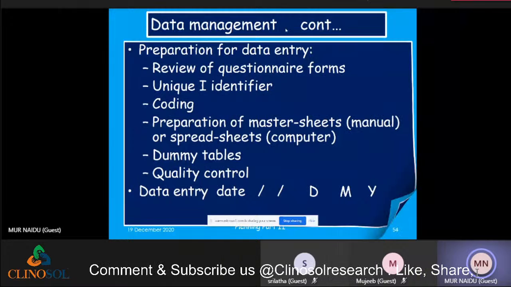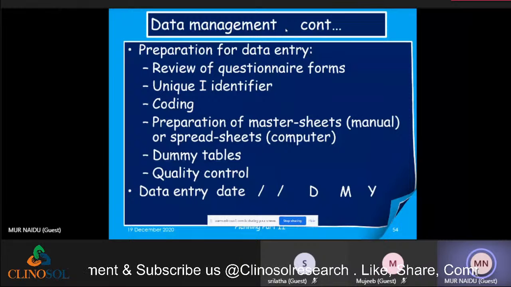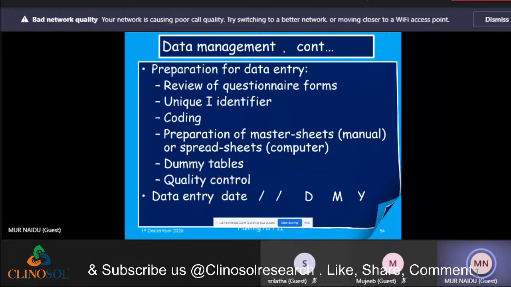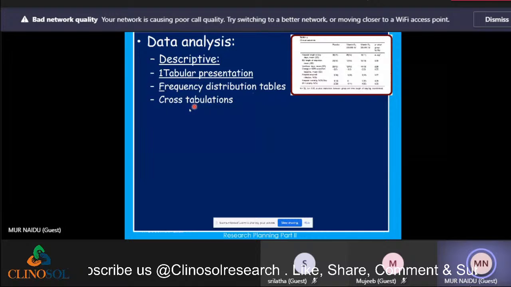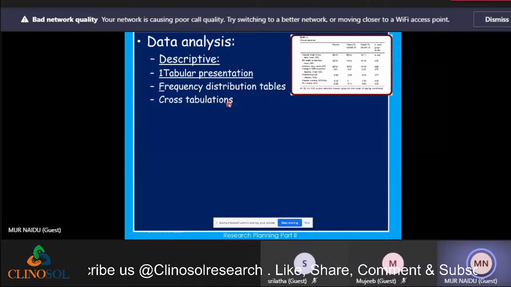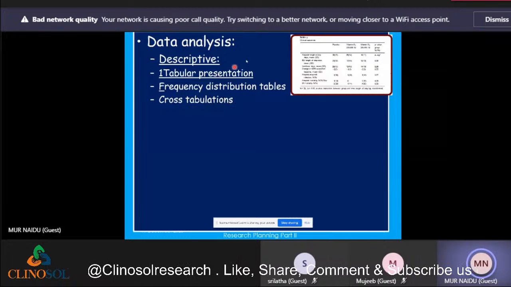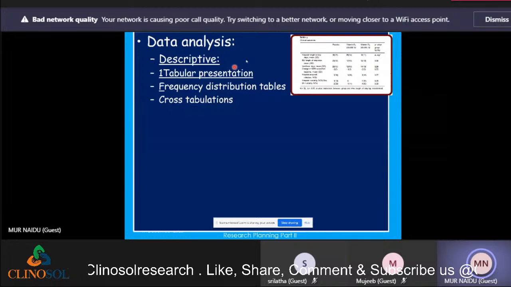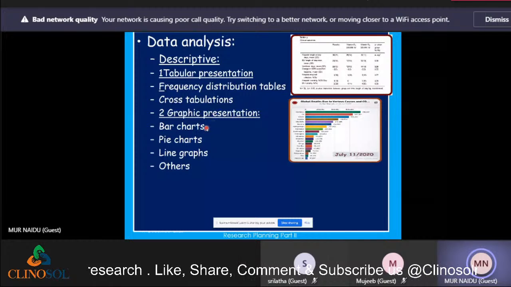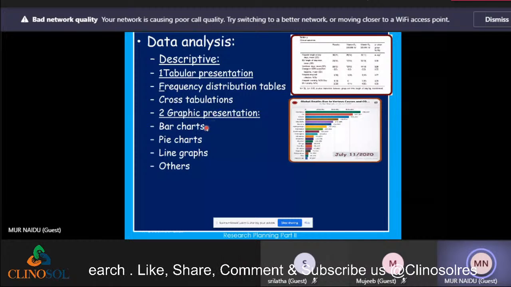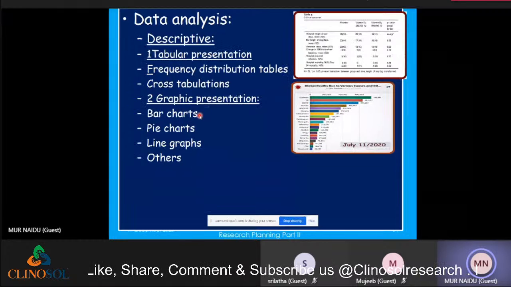Then for analysis of your data. This data analysis, descriptive, may be presented in a tabular form, as a frequency distribution, or data in a bar chart, pie chart, line chart, or you can have a histogram for numerical data.